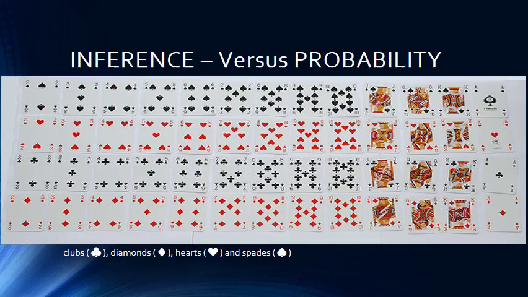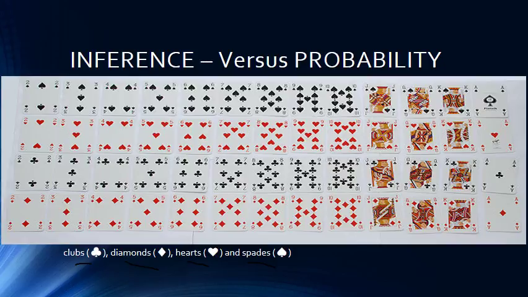So let's look at something very important, describing inference versus probability. So we have a deck of cards here. We have the clubs, we have diamonds, we have hearts, we have spades. The term probability refers to situations in which you know the nature of the system you are working with, and you wish to estimate the probability that the system will produce one or more particular events.